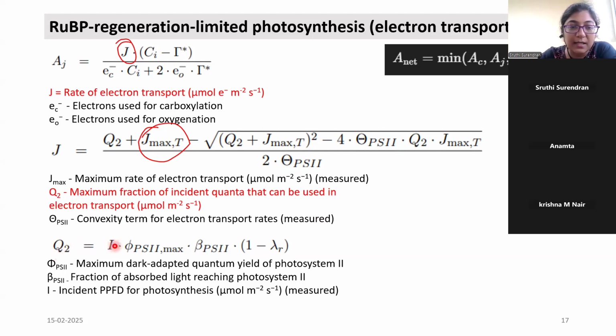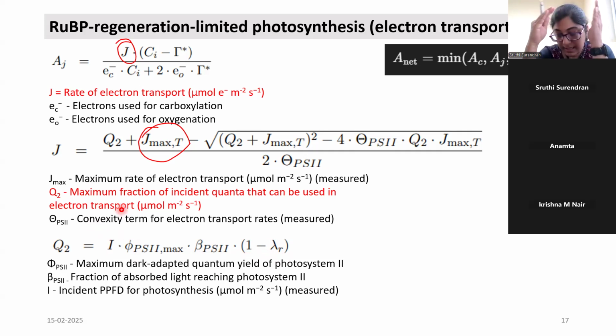Q2 is equal to I into phi PS2 into beta PS2 into 1 minus lambda R. So what are all of these terms? Let's go into that. Q2 is equal to I into something. I is nothing but the incident light on the plant. We were talking about what fraction of light is being used.